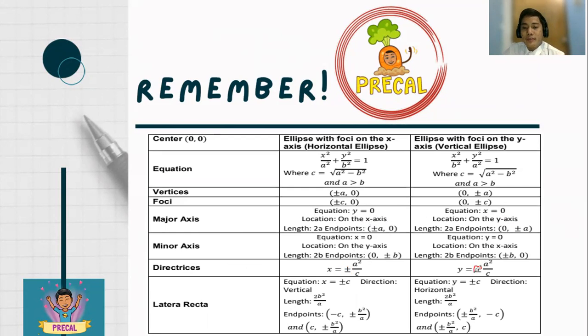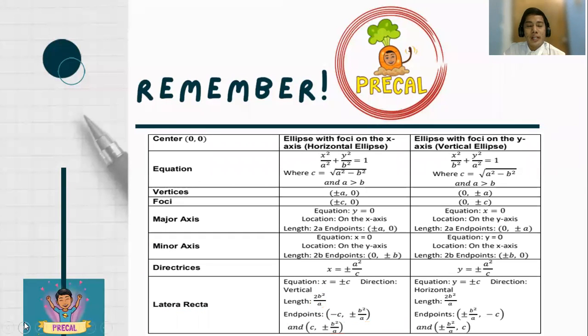We have a positive, negative, but this time the directrices are located above and below the vertical ellipse. For the latera recta, the length is usually important to measure. The length is 2b squared over a. And we will form 4 endpoints of the latus rectum, but we will not be computing them anymore.